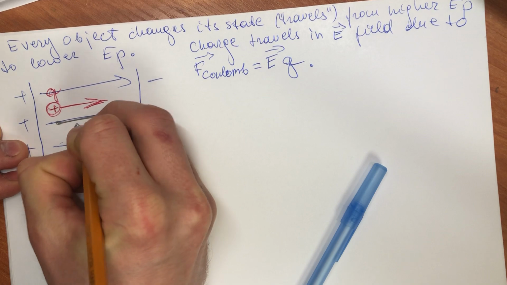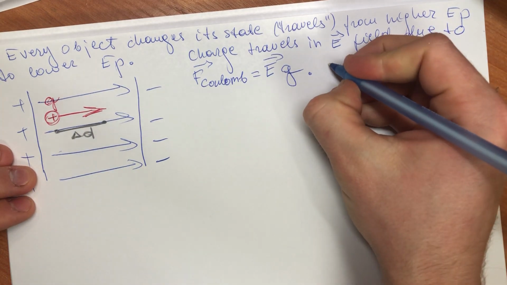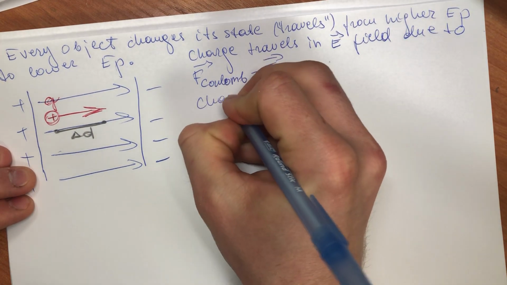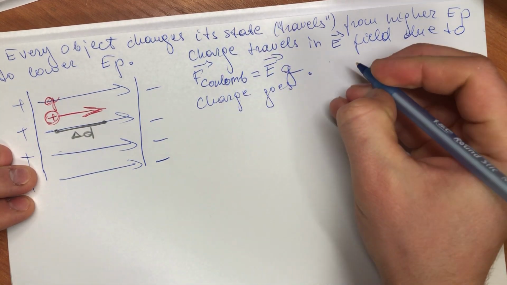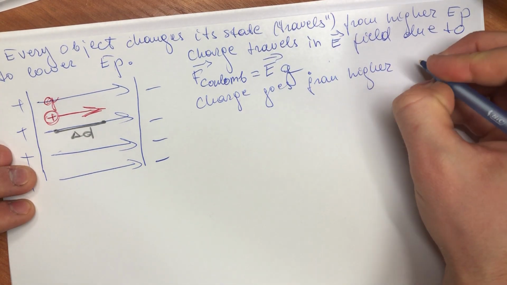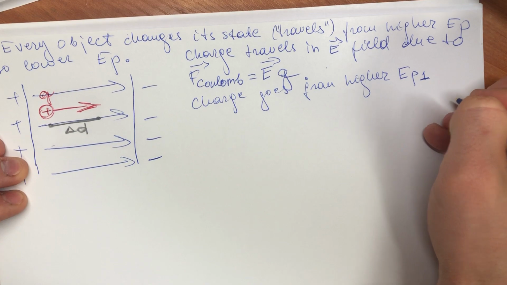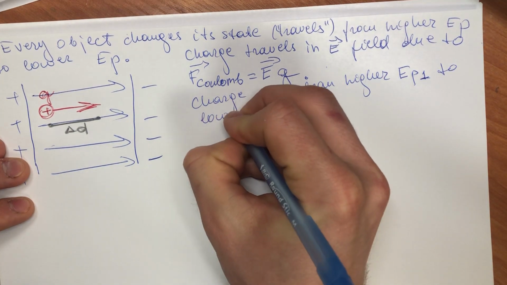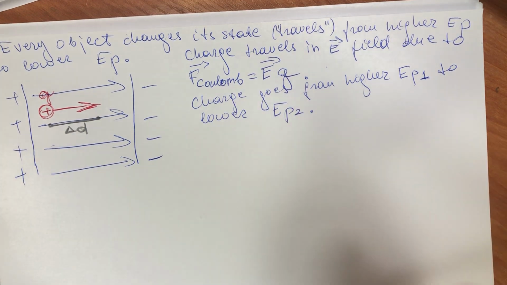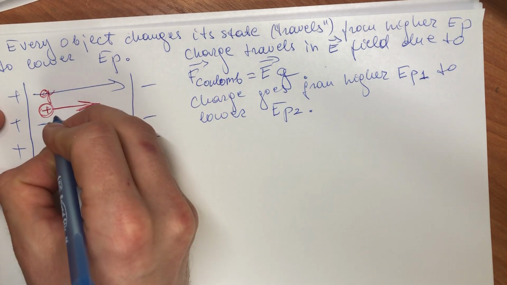We may call this distance delta D. The charge goes from higher potential energy, which we can call EP1, to lower potential energy, which we can call EP2.